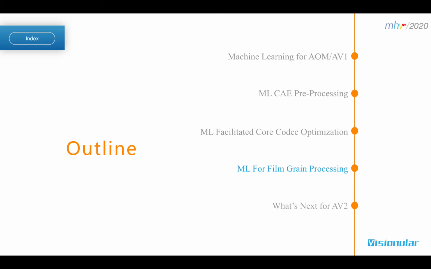And next, we'd like to look into a specific coding tool, namely film grain, because AV1 is the first standard that has included the film grain coding tool inside its main body.